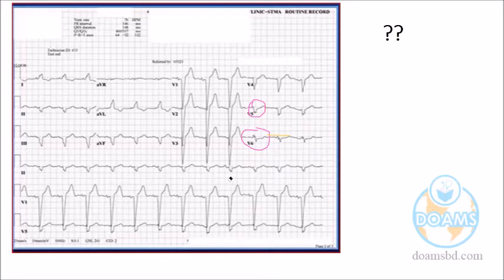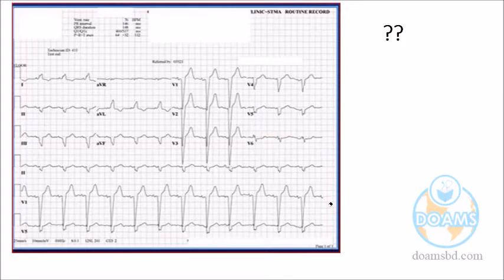Further information you can get from limb leads 1, 2, 3. There also you see broad QRS, and in lead 1 also. So which block is it? Left.